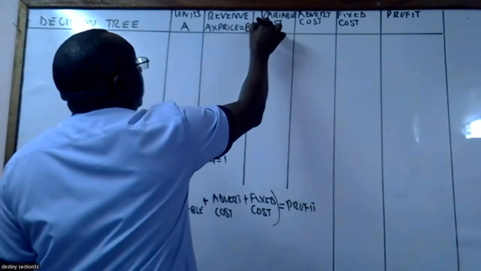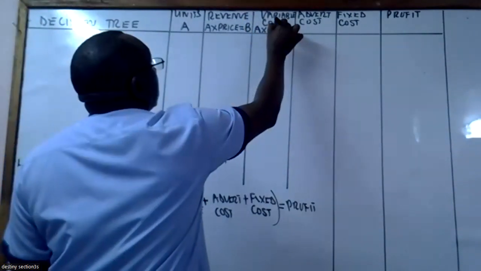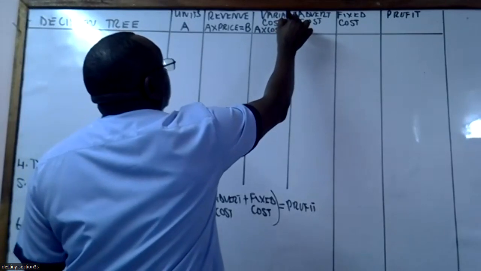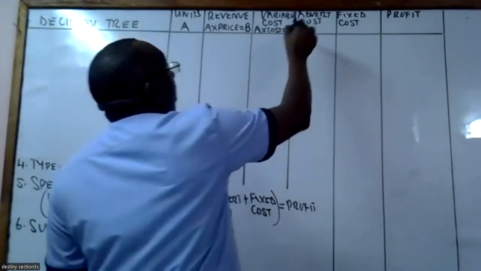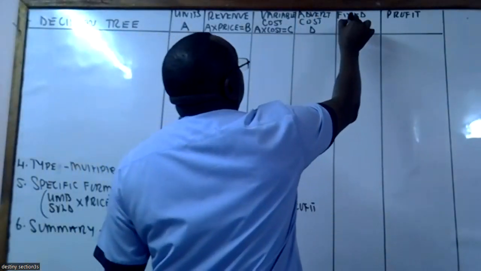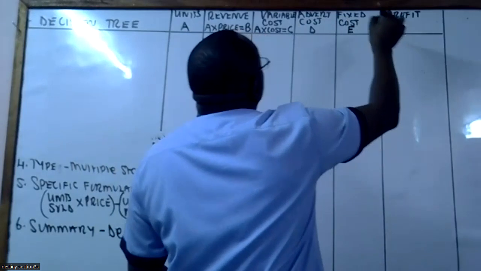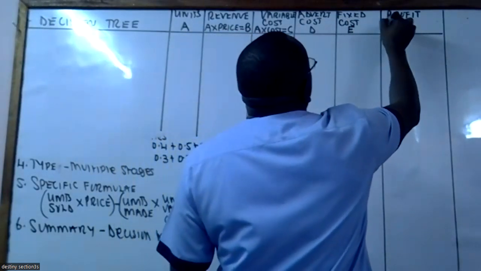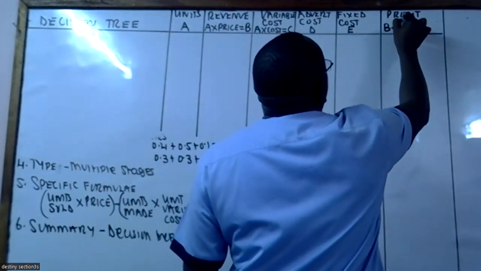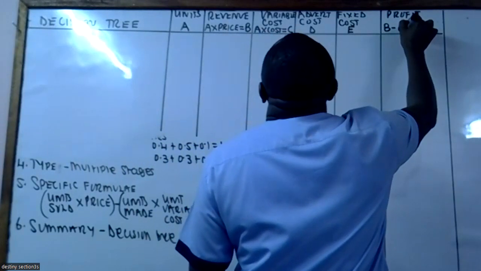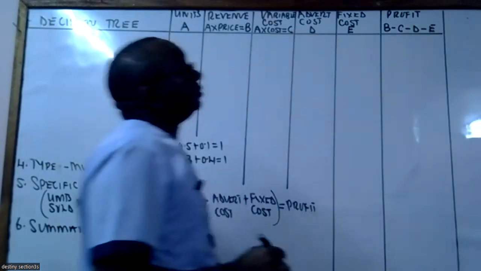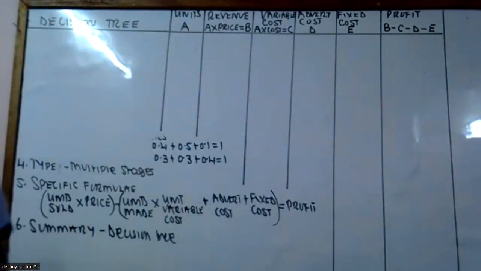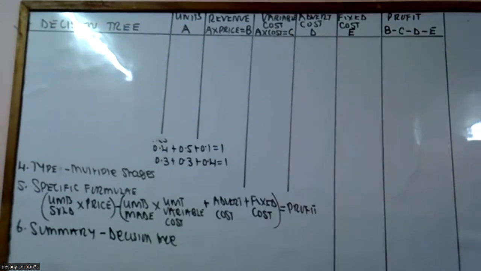It will be A times costs. And I call them C. Advertising, I can call it D, and this one I can call it E. So my profit will be B minus C minus D minus E. That is how my profit will look like.